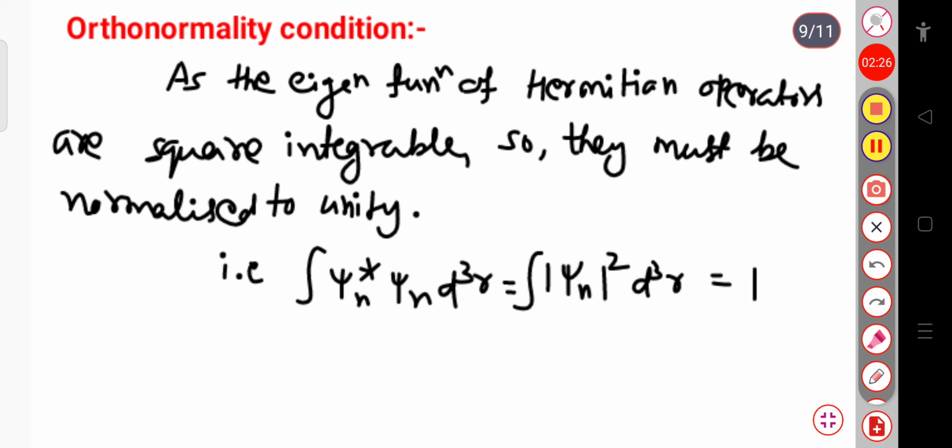Therefore, it is simply the integral of psi m star into psi n d tau, which is equal to delta mn.